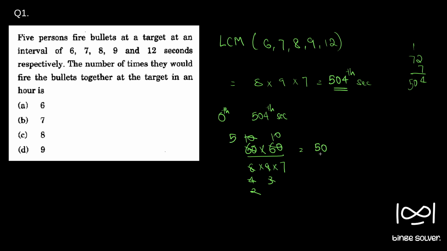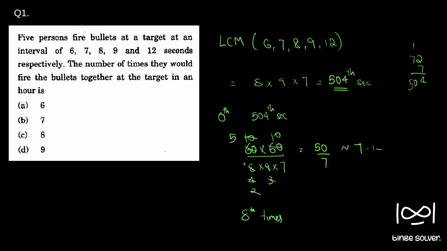So this becomes 50 by 7, and 7 into 7 is 49, so this becomes 7.1 something. So 504 seconds fits 7 times in 1 hour. If you assume they fire their bullets together at the 0th second, then the 504-second mark appears 7 times in 1 hour. So 7 plus 1 becomes 8, which is the answer. So 8 times becomes the answer.